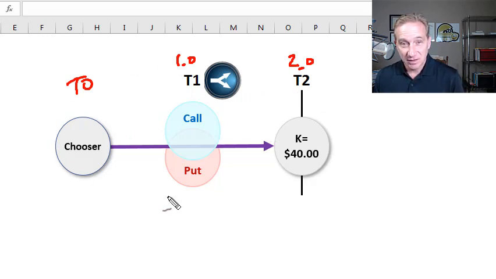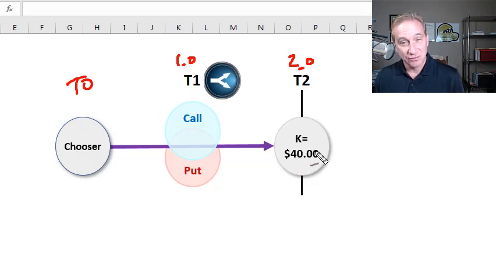In terms of what's similar to a vanilla or standard option, we would purchase the option here at T0. We purchase the chooser option, and it has an expiration, in my case, at 2 years, labeled with T2. At expiration or maturity, as usual, we compare the underlying asset, in this case a stock price, to the strike price. If we're in the money with positive intrinsic value, then we exercise for a gain.